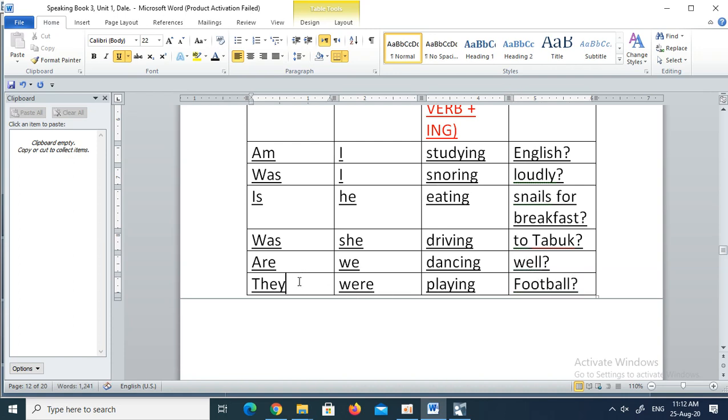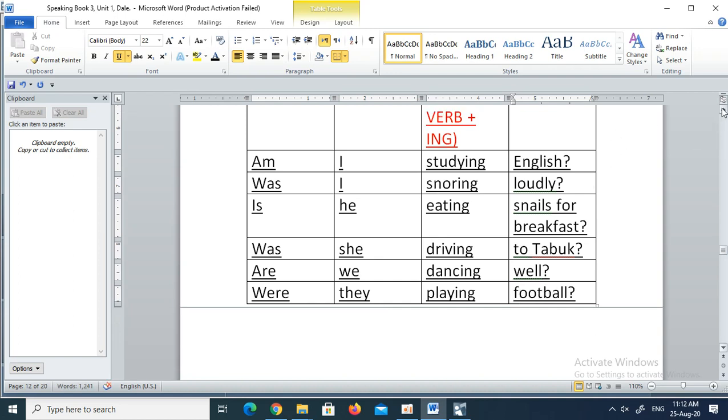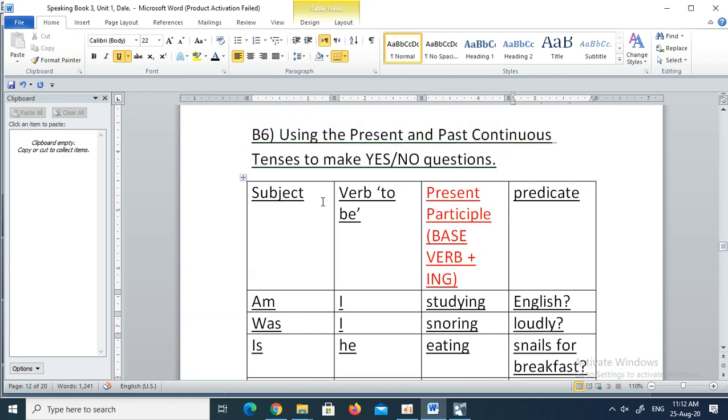They were playing football. If you want to change to a question, were they playing football? If you aren't sure. And all that happens is that we change the order of the first two words so that the verb to be now comes first, and instead of the verb to be in the second block, we put the subject in the second block.